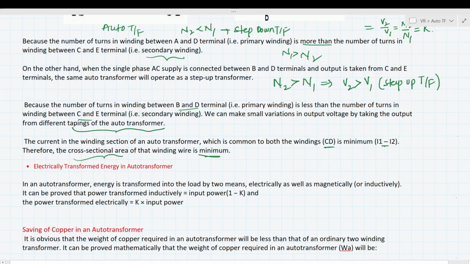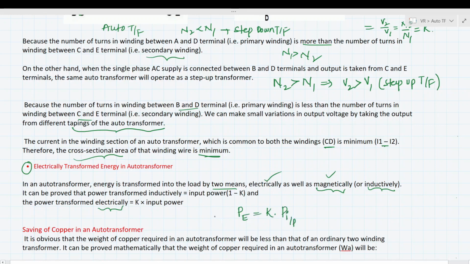Now let us see electrically transformed energy in an auto transformer. In an auto transformer, energy is transformed to the load in two ways, electrically and magnetically. Magnetically is also called inductively. Power transformed electrically is equal to K into input power.